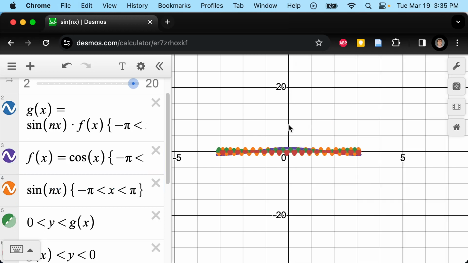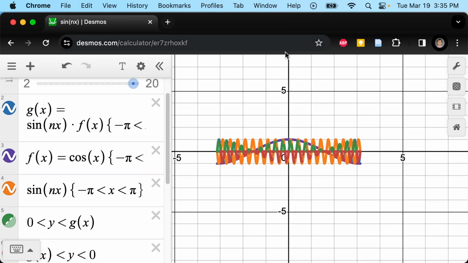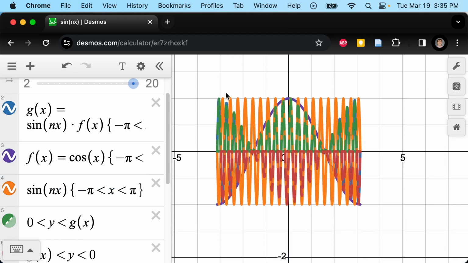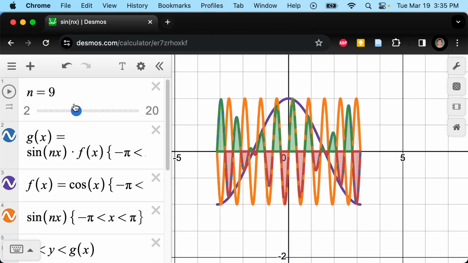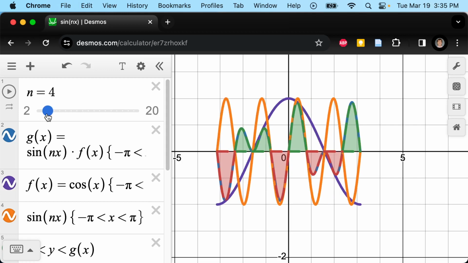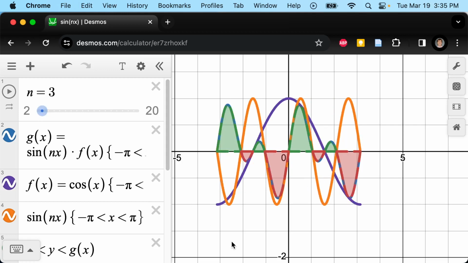You can press the home button. Okay, and let's go down here. The purple function is the cosine function. When you have sine of 2x, you have 2 reds and 2 greens. They perfectly cancel. What about sine of 3x? Now it's more complicated, but can you see the symmetry?